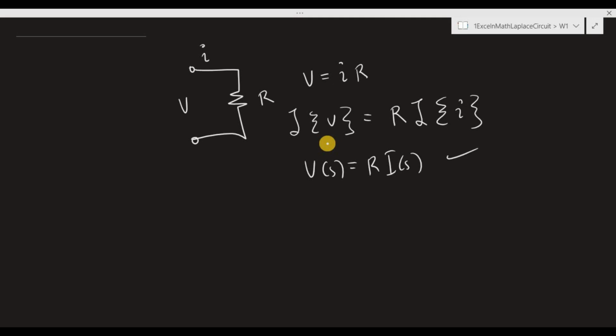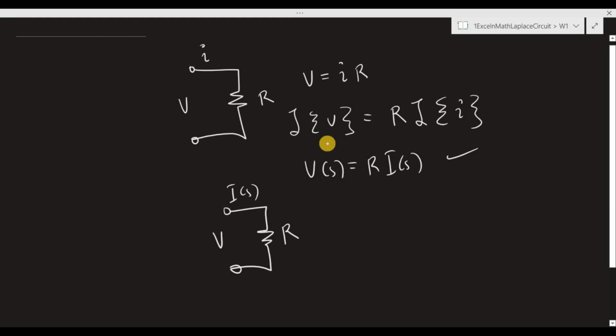And then we can translate this equation into a circuit like this. The resistance is still R, but now the current is I of S, and the voltage across the resistor is V of S. This is now the circuit model for the resistor in the S domain.